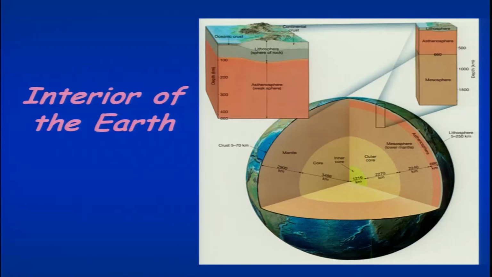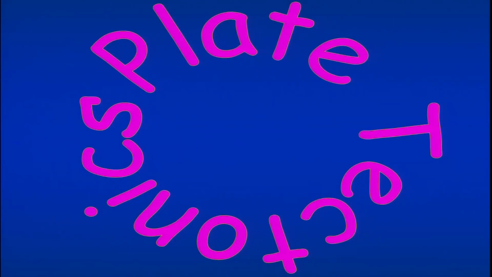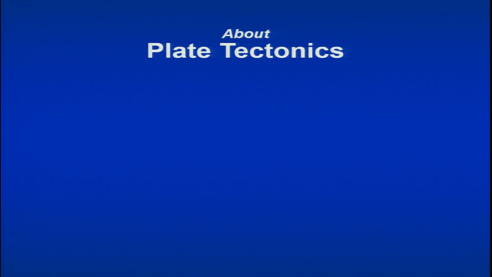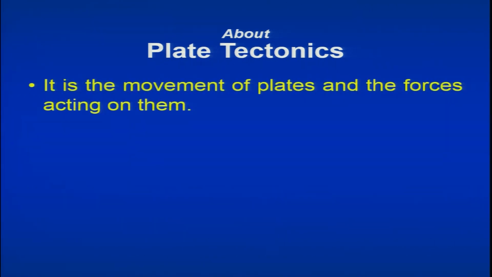So, the interior of Earth, mainly the asthenosphere, is the important unit which is responsible for the movement of all the plates. Plate tectonics mainly talks about the movement of plates and the forces acting on them.